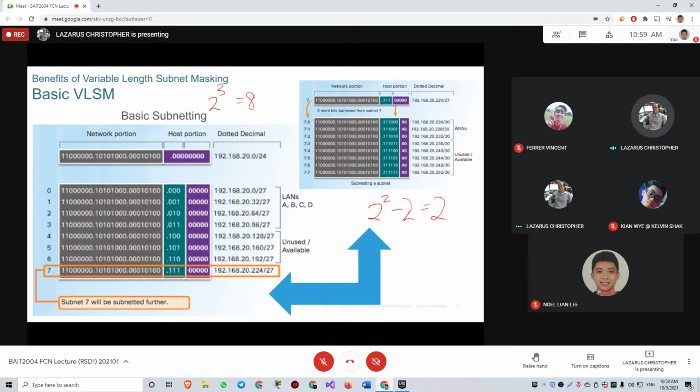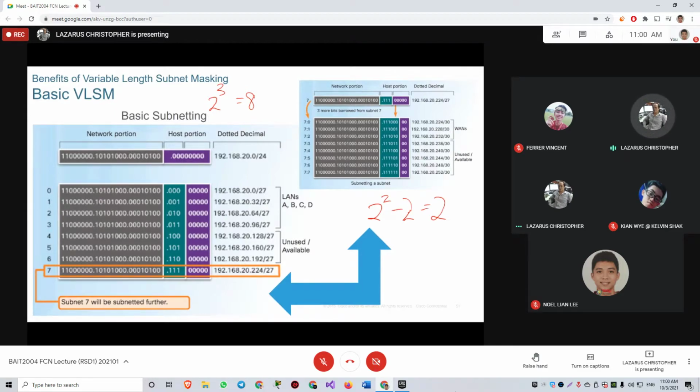But in the exam, normally the question will tell you assign the first subnet to LAN A, assign the second subnet to LAN B, and then when you do subnetting, assign which subnet to which, right? For an exam question or SBA question, the skill-based assessment question, the question will tell you which subnet to use.